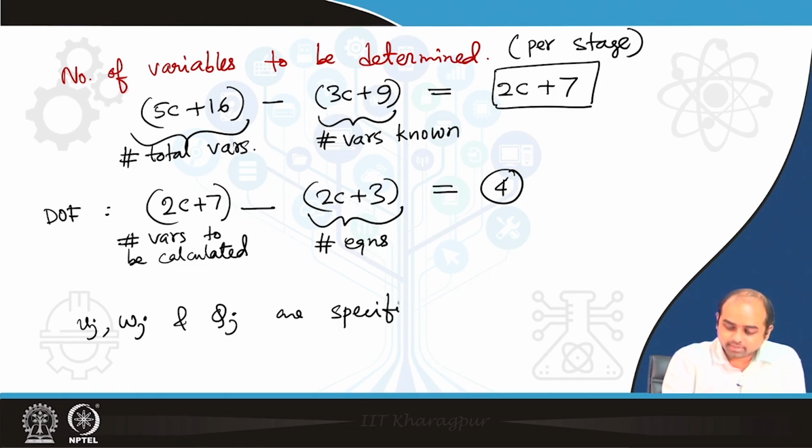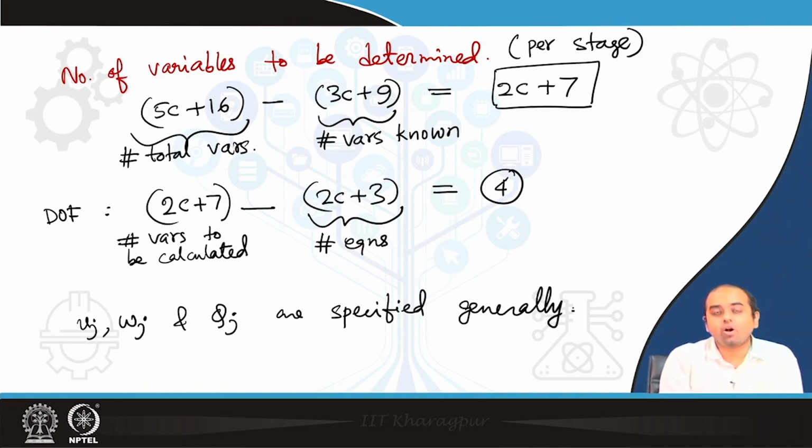In most cases uj and wj are 0. qj is external heat supplied, which is also specified as part of the operating condition.